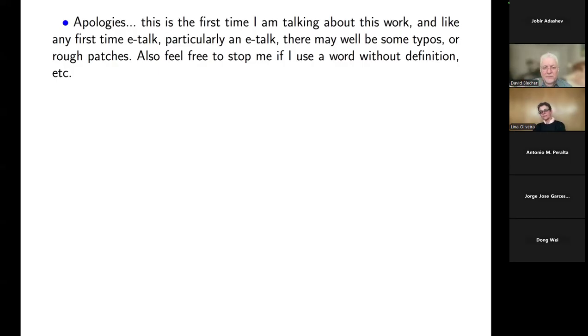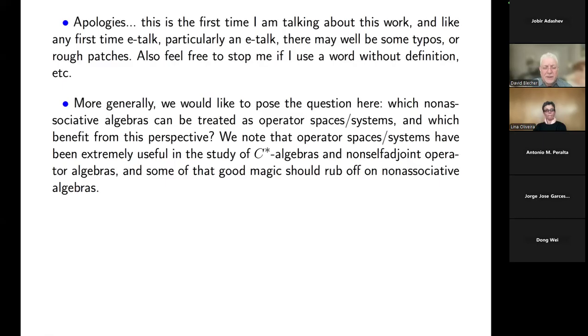And also feel free to stop me if I use a word without definition, etc. Because of course I'm aware that many people in the seminar work on things that are a little distance away from operator algebras in the sense of this talk. So feel free to stop me at any time.